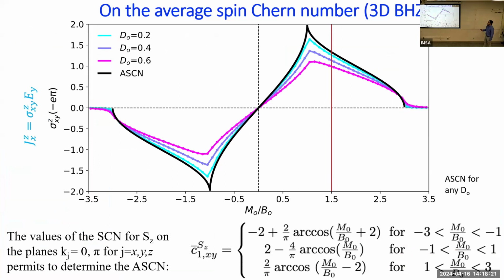Now we calculate this average spin Chern number for each of the M over D0 regions of the 3D BHZ model.